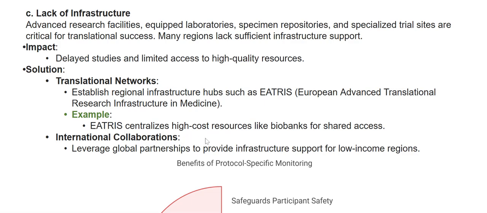Example, EATRIS centralizes high cost resources like biobanks for shared access. International collaboration could be a solution as well: leverage global partnerships to provide infrastructure support for low-income regions. And here, international collaboration is also mentioned as a solution for local infrastructure, the same as in the previous session about translational research.